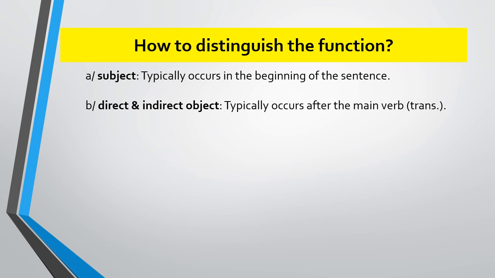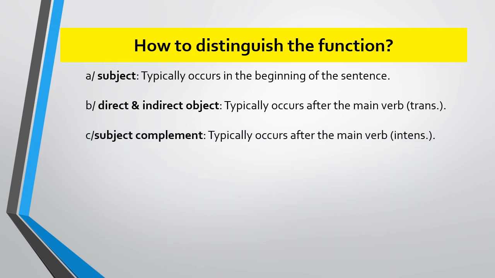How do we know that this is the direct object or the indirect object? It typically occurs after the main verb. Of course, it is a transitive verb. And if it is ditransitive, يعني ياخذ مفعولين, of course one of them is the indirect, which comes before the direct. Subject complement typically occurs after the main verb, and the main verb should be an intensive verb, يعني verb to be. It is also easy to decide.